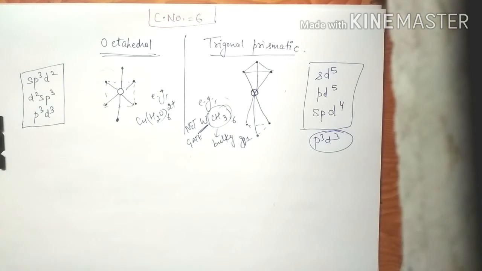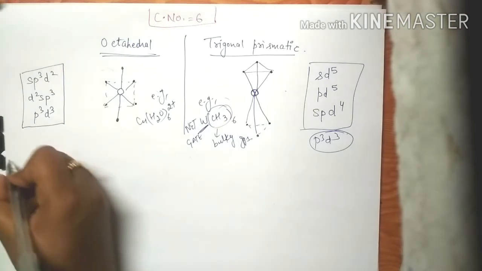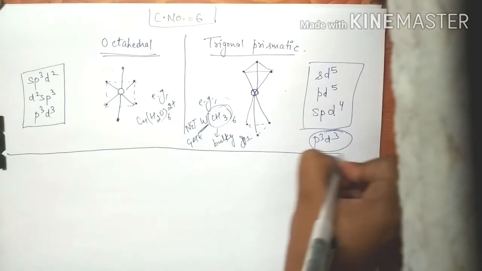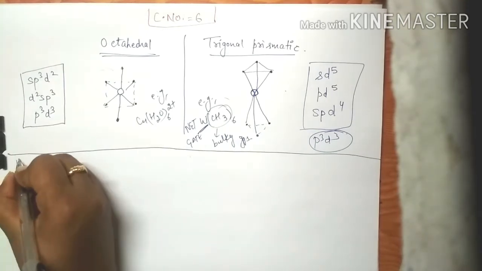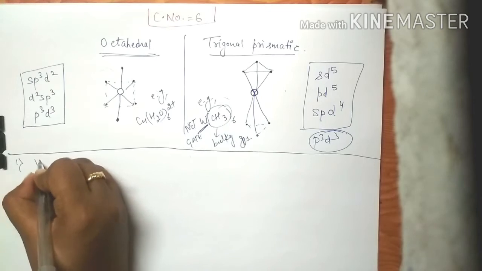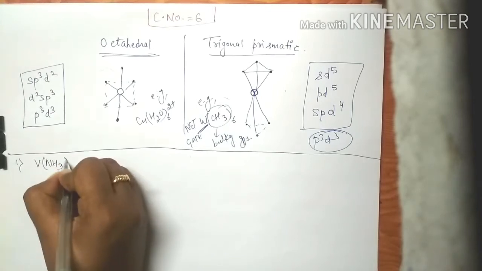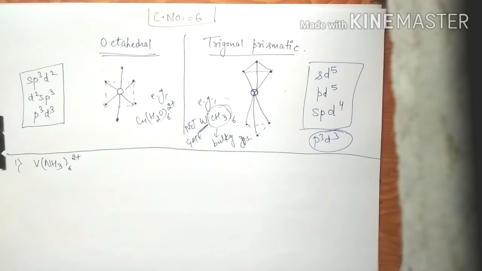Now we are going to tackle some cases of complexes and find out whether they are octahedral or trigonal prismatic, and whether they form outer orbital or inner orbital complexes, and more.